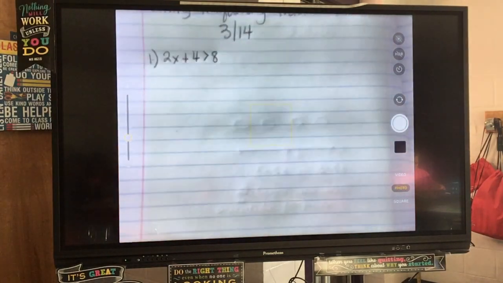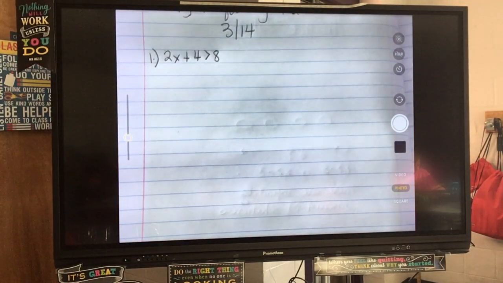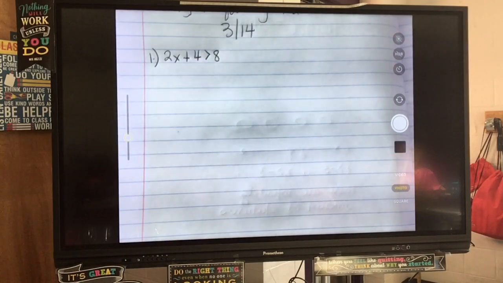So this is what you're writing in your notebook. You're not doing this on your iPad, you're doing this in your notebook. So how do we go about solving this inequality? Is this a one-step or a two-step?